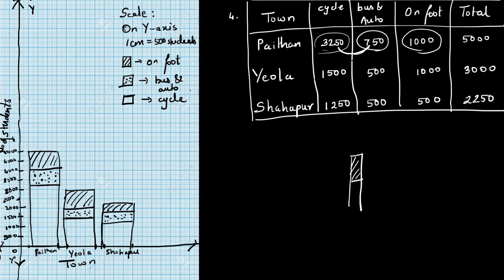Okay, now fifth question. Whose saving in the month of April is the least? Whose savings is the least in the month of April? You'll have to type the name of the person whose saving was least.